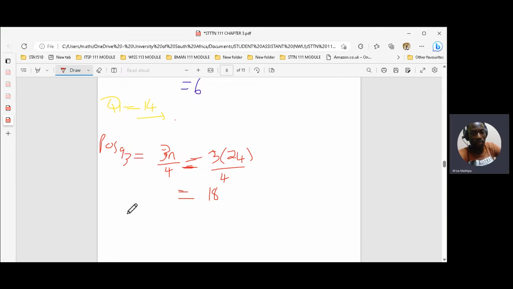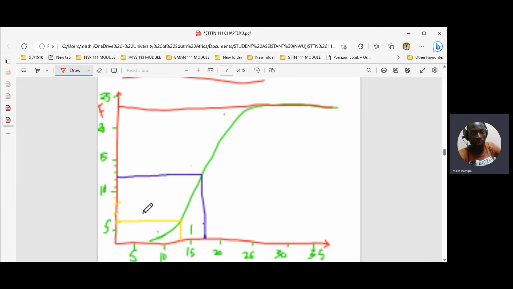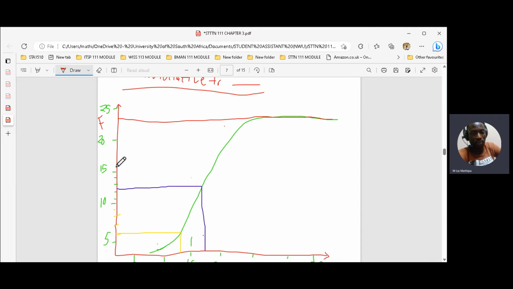Therefore, Q3 is equal to what? You got 18 as the position. So here it's 15, and then 16, 17, 18, 19 here. So I can just say 18 is somewhere here.